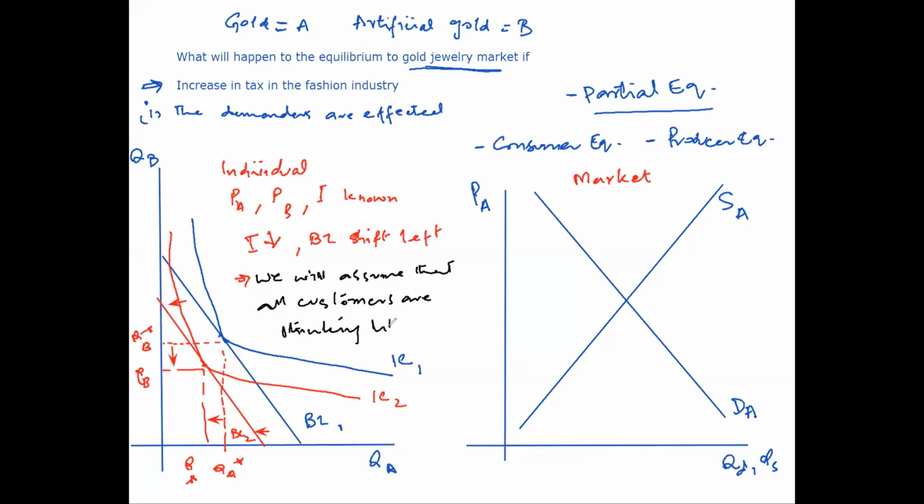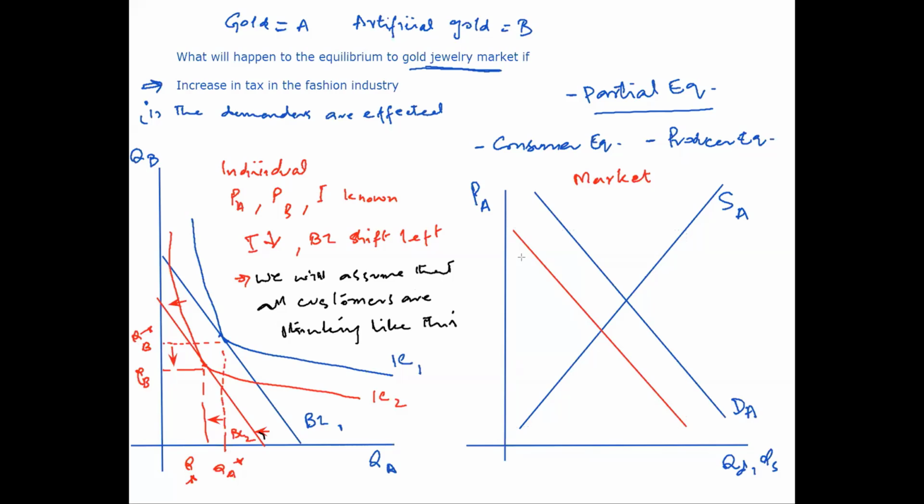So if there is an increase in tax, all the customers are facing a decrease in income, and all customers are facing a decrease in demand for purchase of QA, which is gold. So everyone is buying less. So in the market you will notice that there is a decrease in demand.